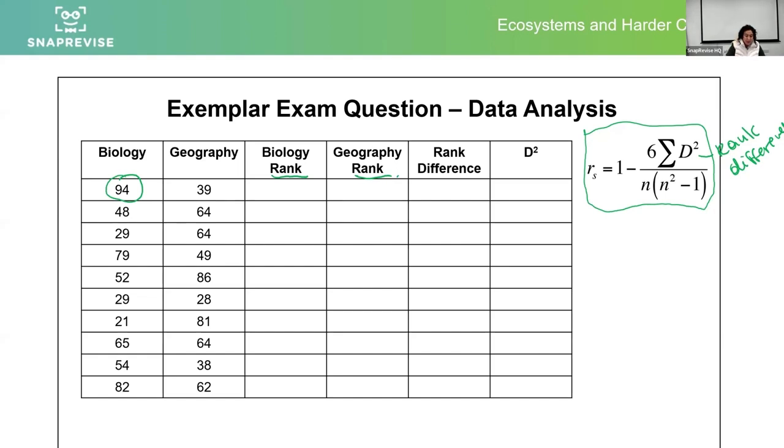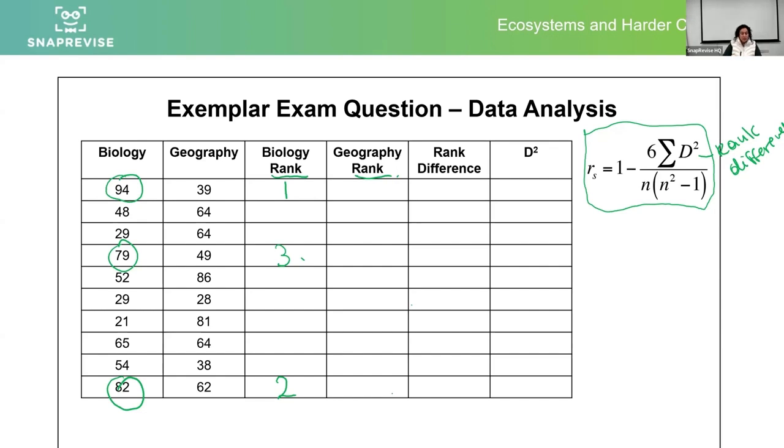That is my highest value here. What is my next highest value in this data set? Well, it looks like it's 82. So that is my rank number 2. The next highest is 79, rank 3, and so on.